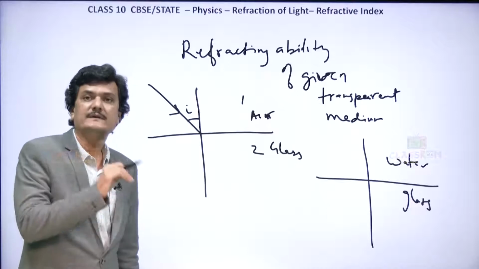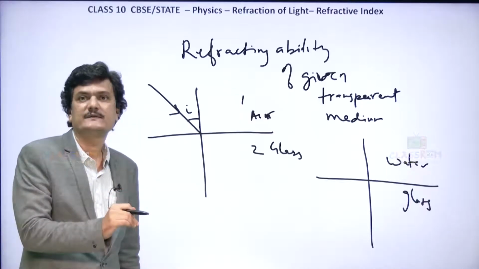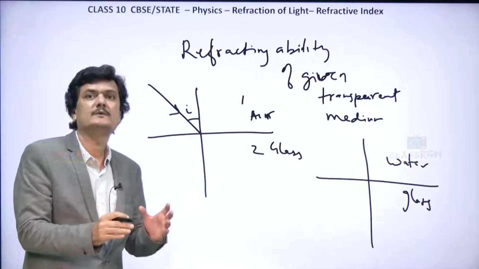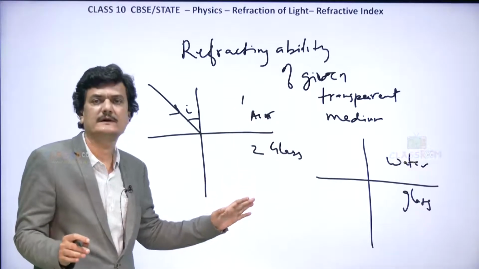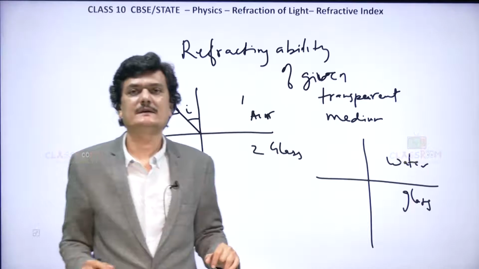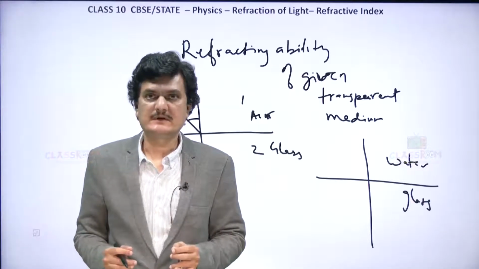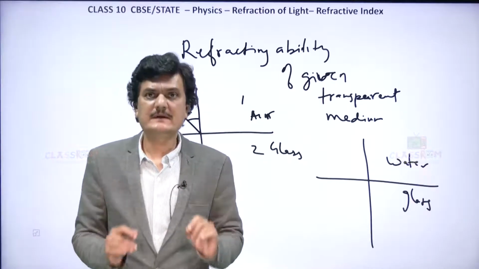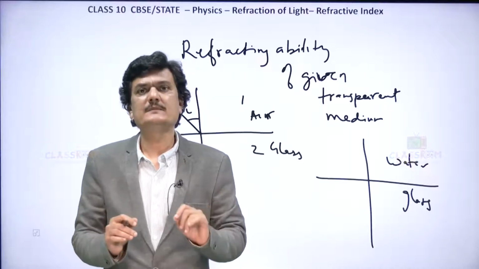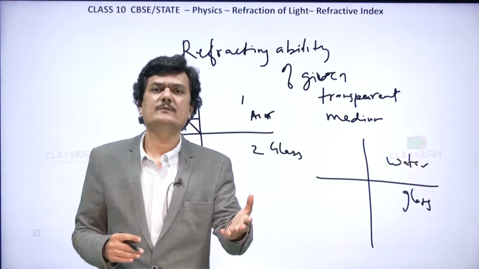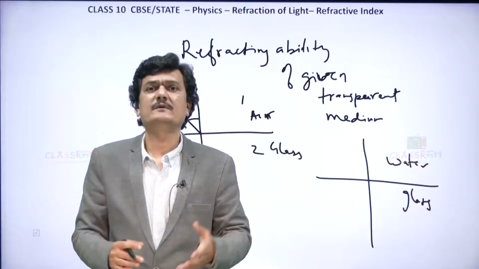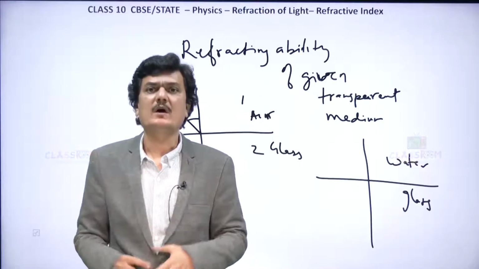Incident ray travels in the first medium. Remember, now you will say the light ray can travel in any direction. So, for first medium and second medium, if there is any confusion, wherever the incident ray is there, that medium is the first medium, and of course, the other medium will be the medium in which refraction is taking place, or refractive medium.